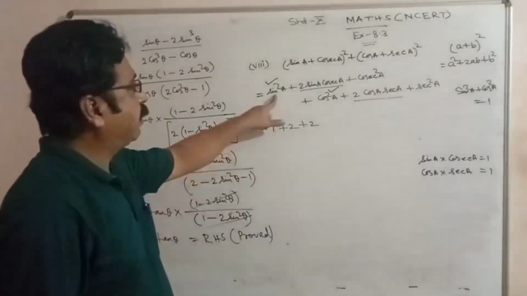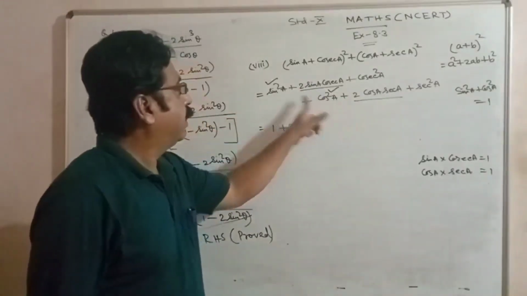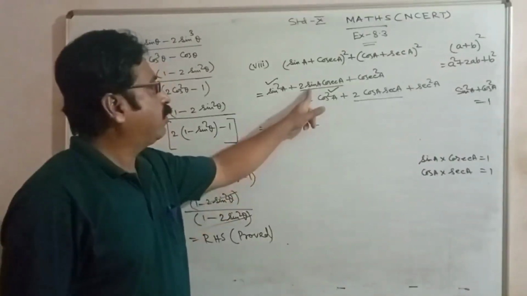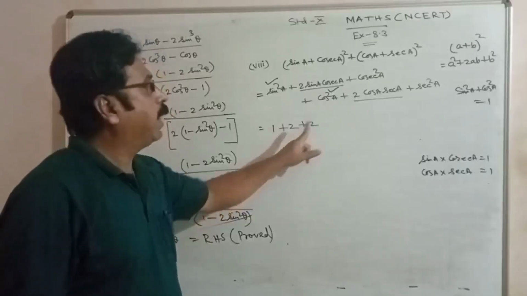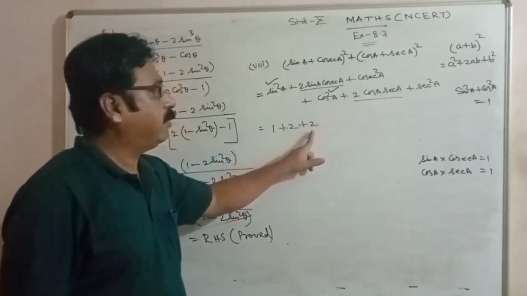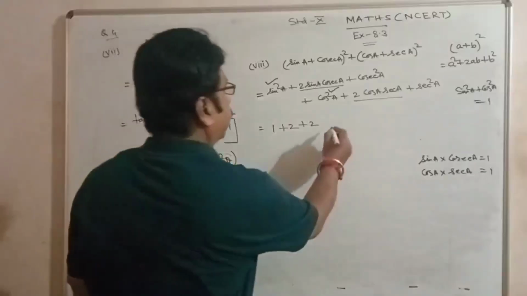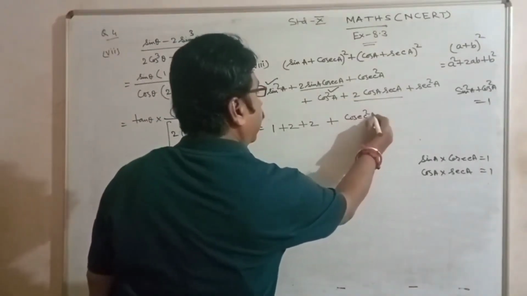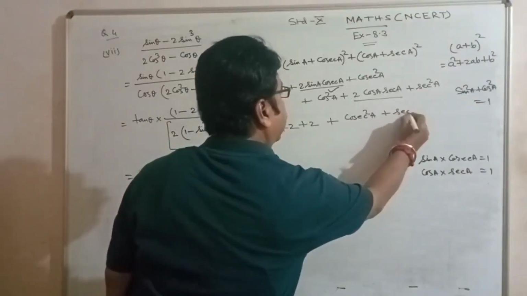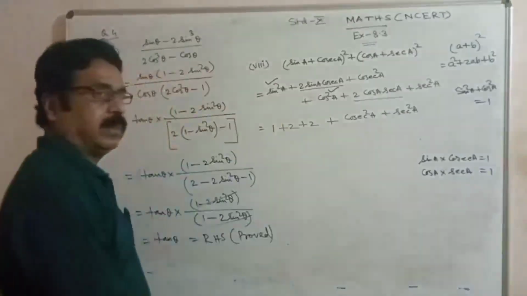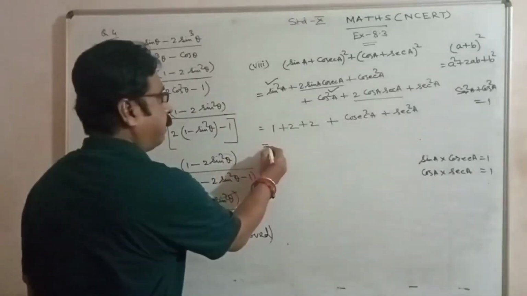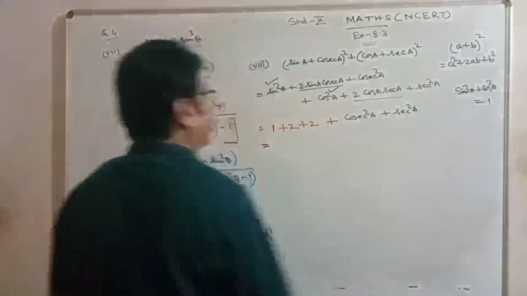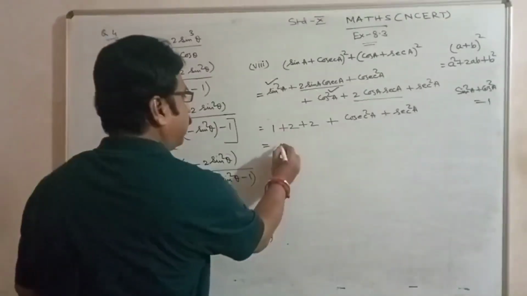Now what is left? This and this. Sin square A plus cos square A, 1 we have taken here. 2 sin A cosec A means 2 into 1, 2. 2 cos A sec A means 2 into 1, 2. Cosec square A plus sec square A. 2 plus 2 plus 1 means 5.